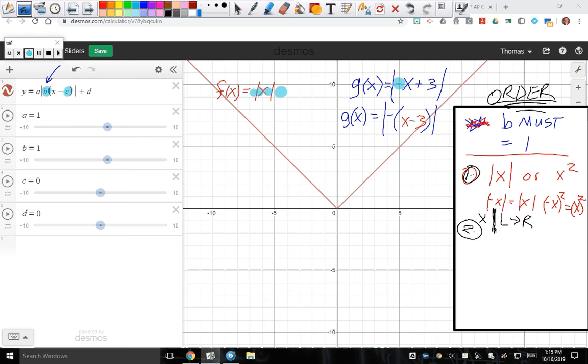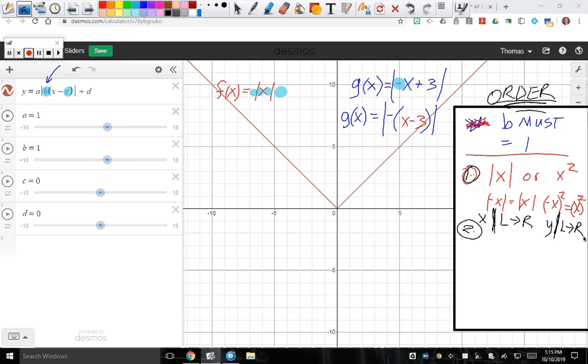So all the x's, all the horizontal transformations, you're going to look at on your paper, and you're going to list them out left to right. After you finish that, you're going to do all the y's, so jump outside of the absolute value, and you're going to list those left to right. Just like on your paper, like you read a book, left to right.